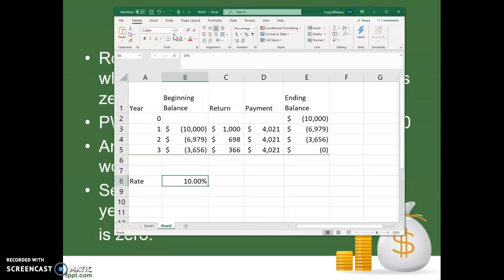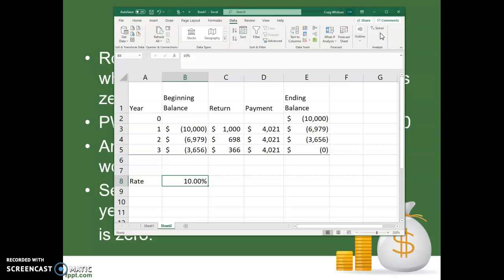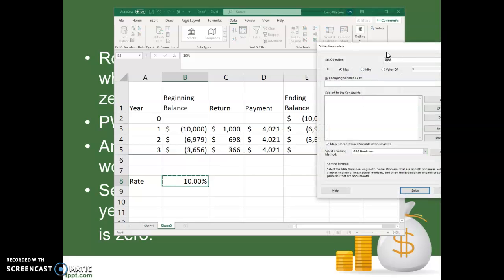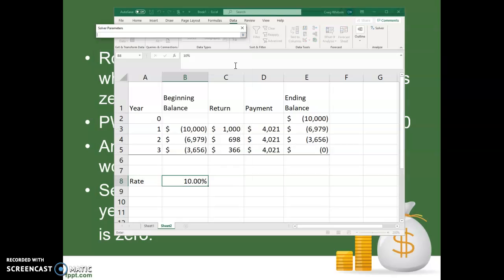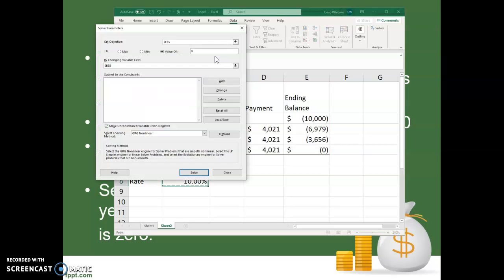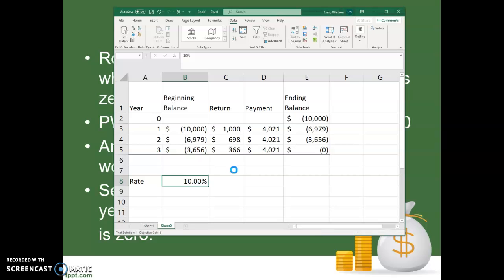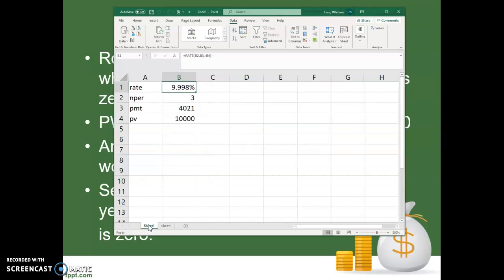Let's go to Data, Solver, and I want to set my objective of this cell right here to be a value of 0 by changing the variable in this cell, and solve it. And we can see we came up with our 10% rate of return, just like we did using this method.